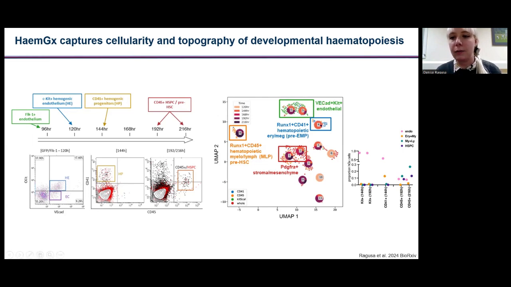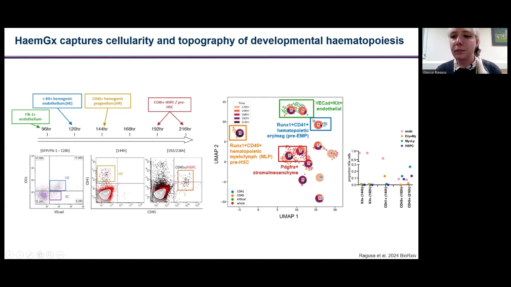And again, if we look at the markers from single-cell RNA sequencing, we see that the endothelial markers are highly expressed at early time points within the KIT positive population, which marks the hemogenic endothelium.